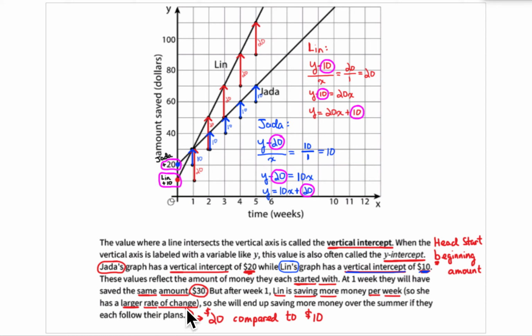Her rate of change is $20 per week compared to Jada's rate of change, which is $10 per week. Jada's $10 per week, so Jada's right here, $10, $10, $10, $10, and Lynn is $20 per week. It's the red right here. So hers is rising faster than Jada.